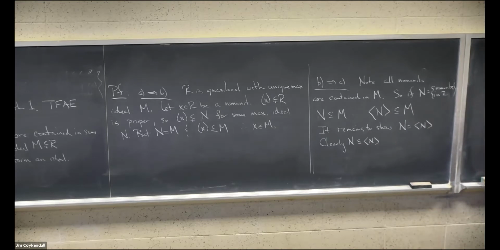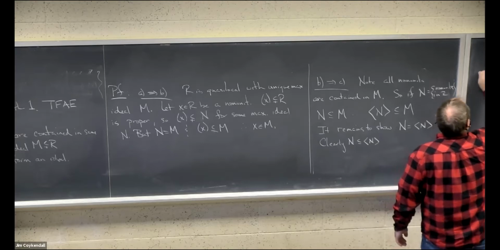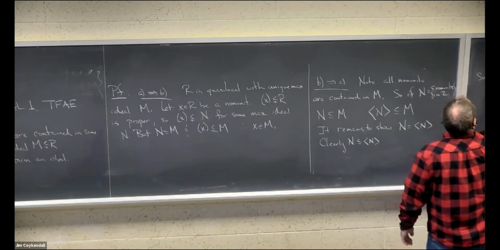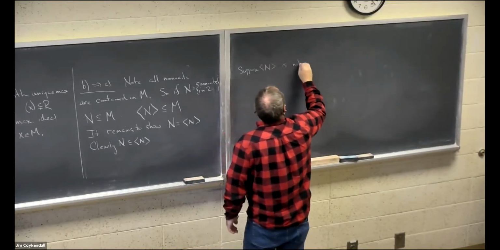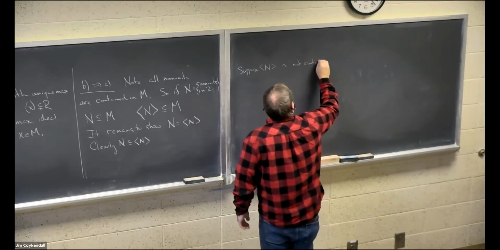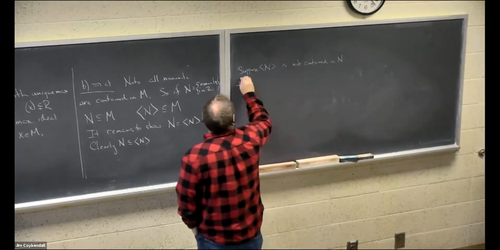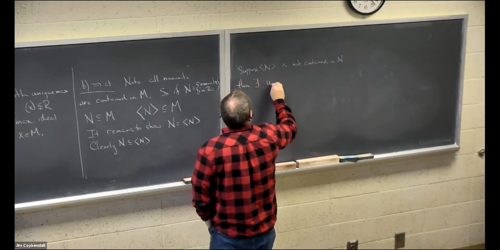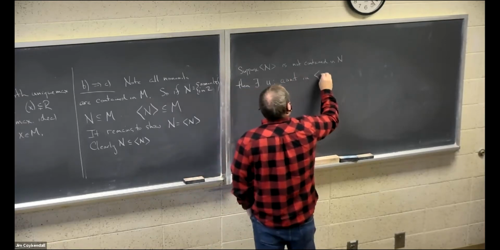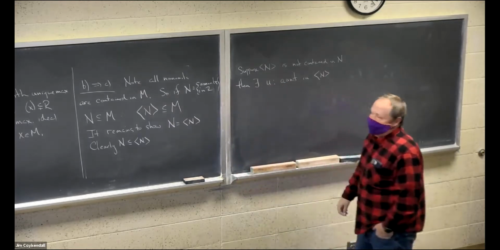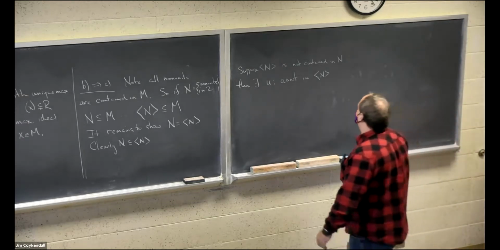Now, for the other containment, suppose the ideal generated by the non-units is not contained in N. Then there exists u, a unit, in the ideal generated by N. In other words, you have to be able to generate a unit with these non-units.